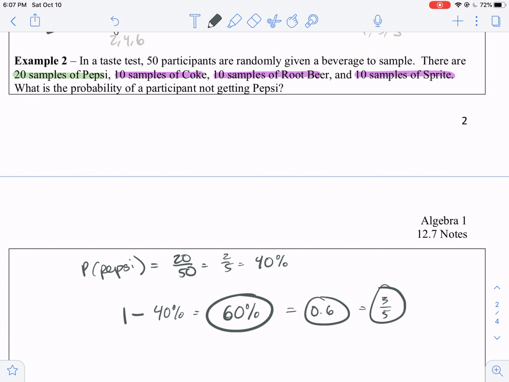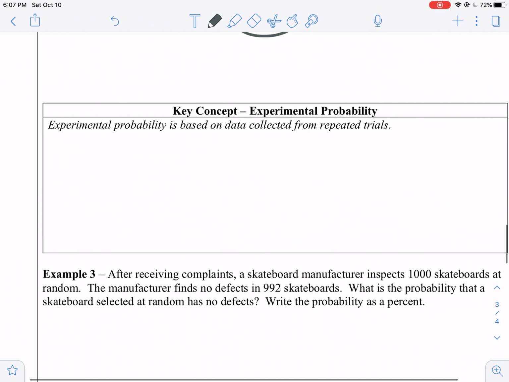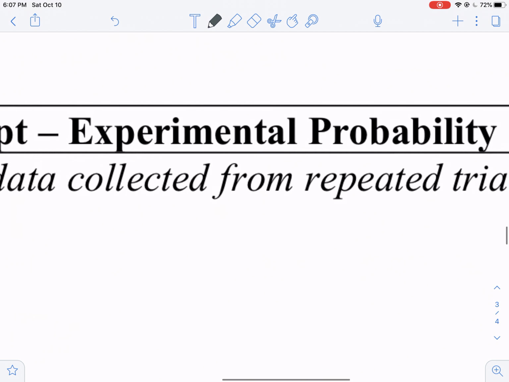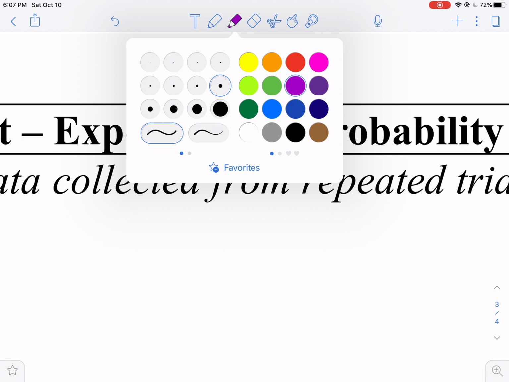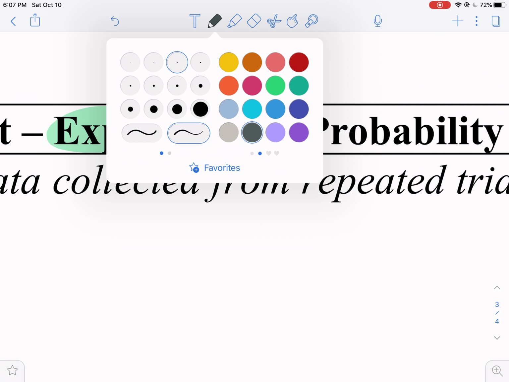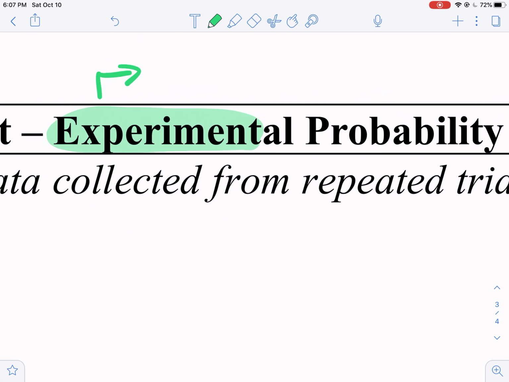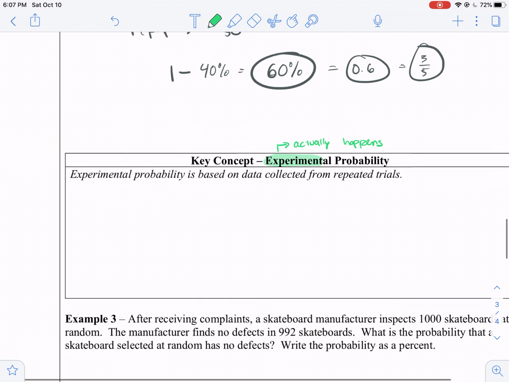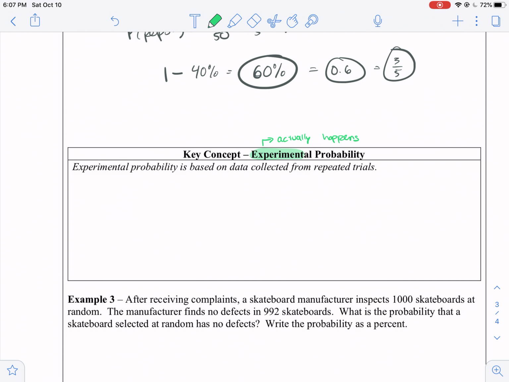This is a stark contrast from experimental probability. Experimental probability is what you get if you were to run an experiment and see what would actually happen in your experiment. So it's what happens when you actually do the thing.